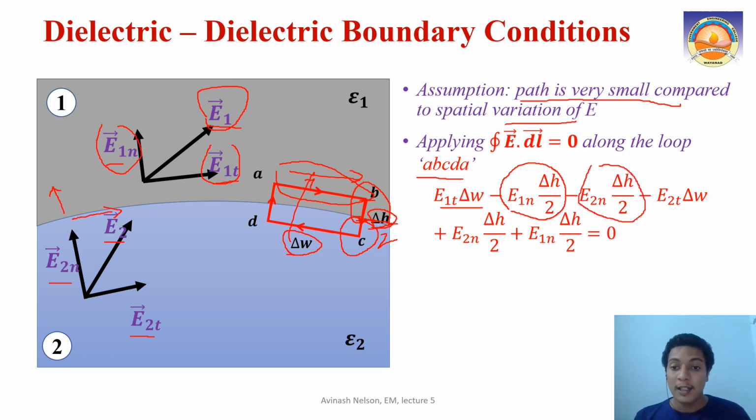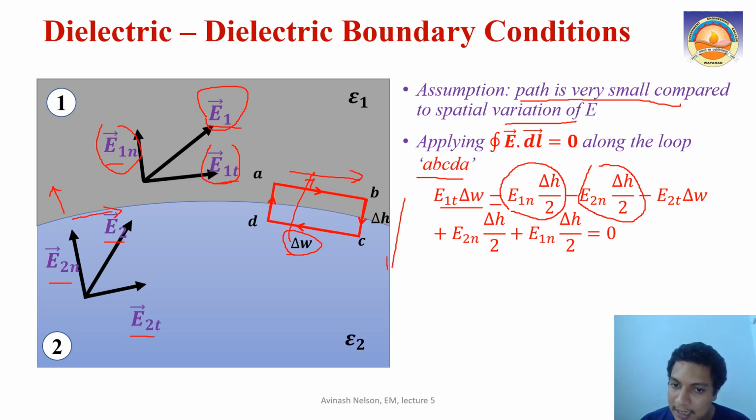Now see here we have given negative. Why? The negative sign here means that in BC you are coming in which direction? Let me erase some part here. You are coming in this direction. For BC, the length delta H by 2 is in this direction, and your field E1n is in the opposite direction.